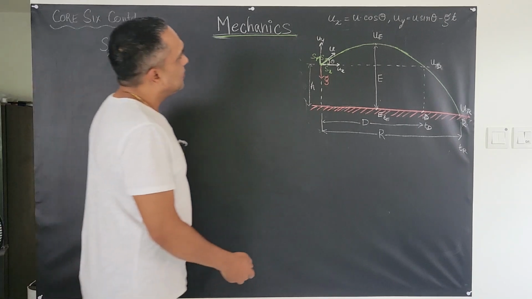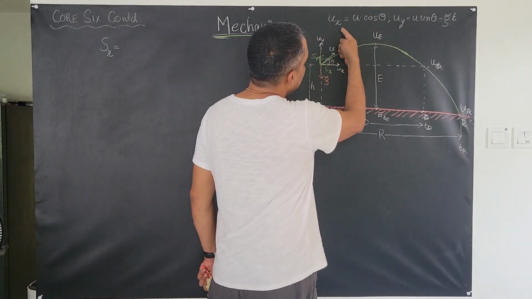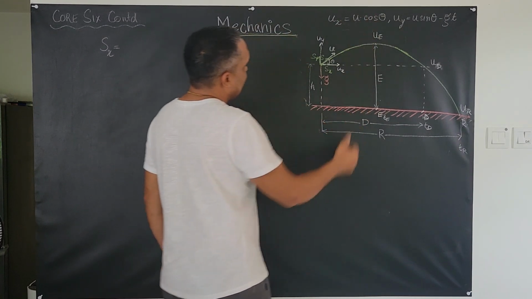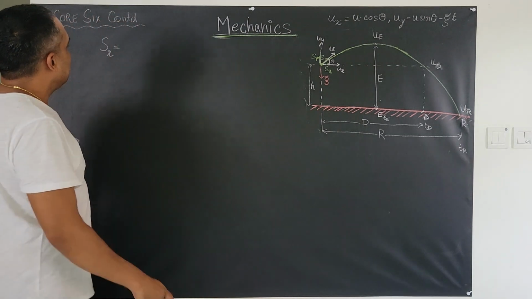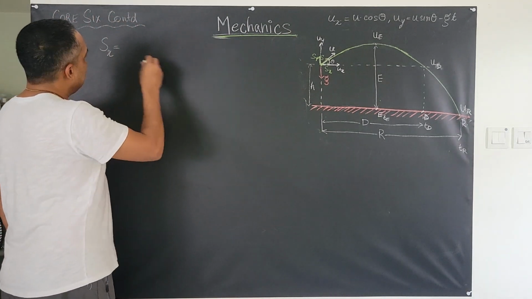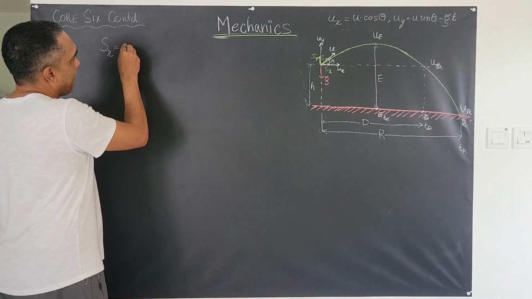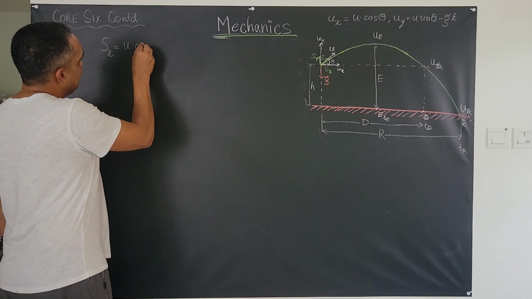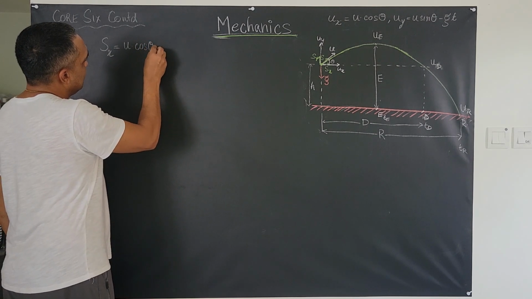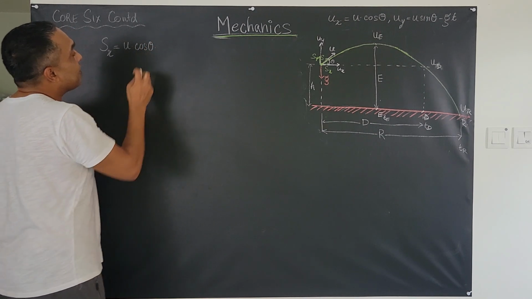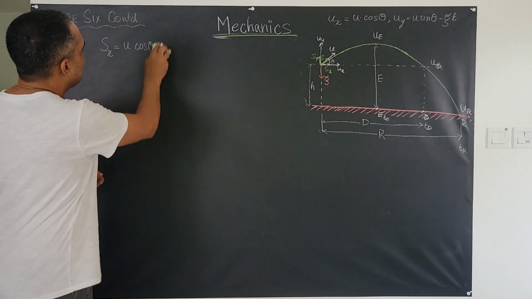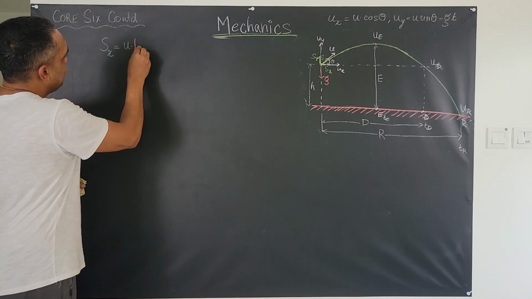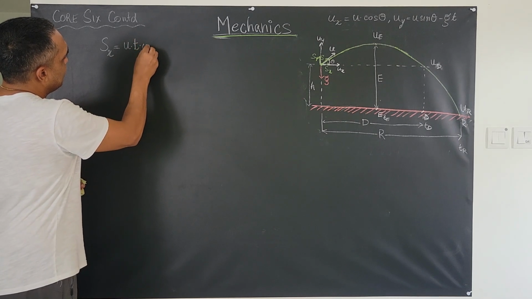We know u, we've done that, because a in that direction is 0. So this would just be u times cosine theta times, actually, to avoid confusion, because I don't want you to think cosine of theta t, I'm going to write this as u times t times cosine of theta.